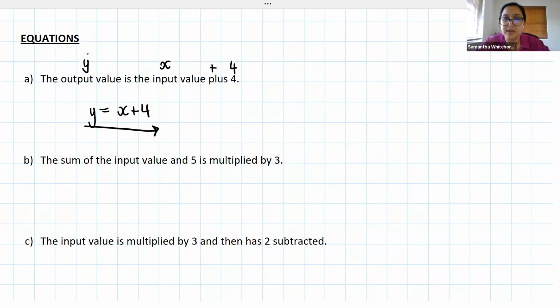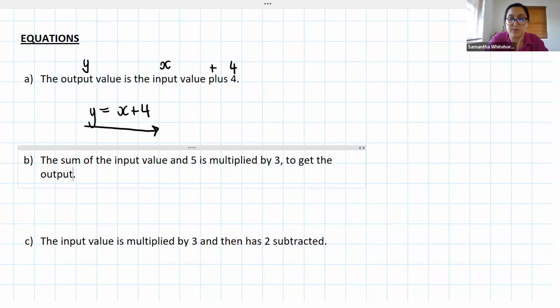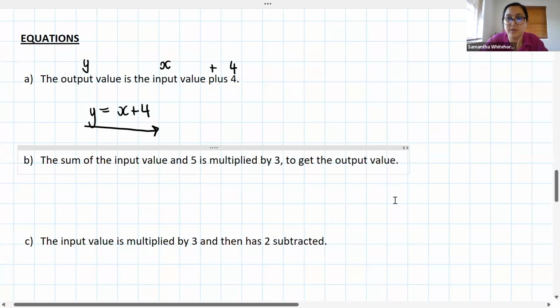So let's see if we can come up with an equation here. If it's going to make you feel better, you can say "is multiplied by 3 to get the output." If you would like to add that in for yourselves, absolutely fine if you would.